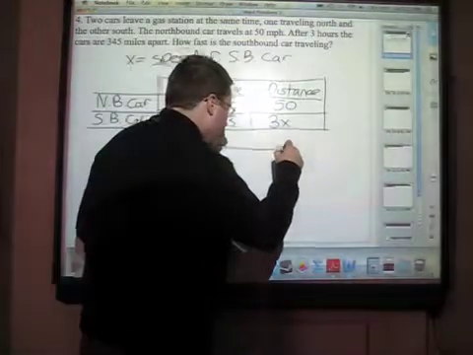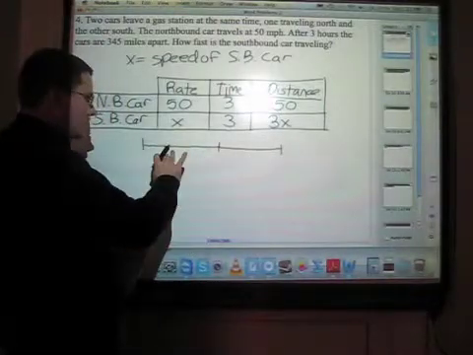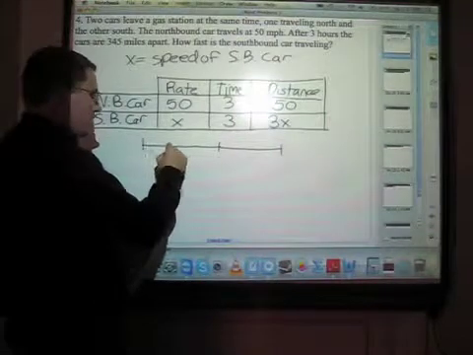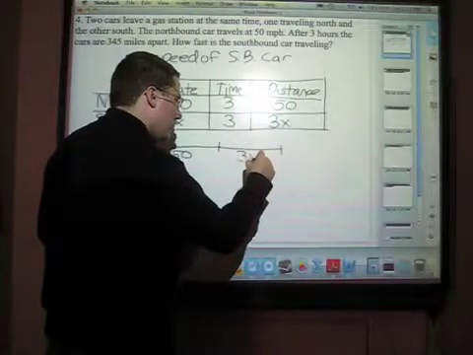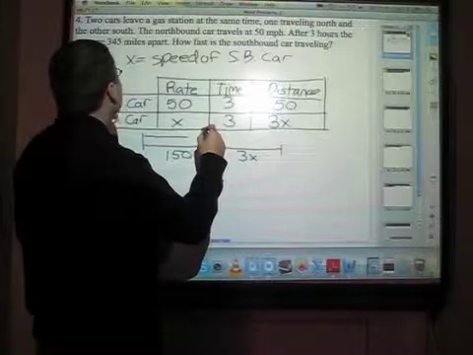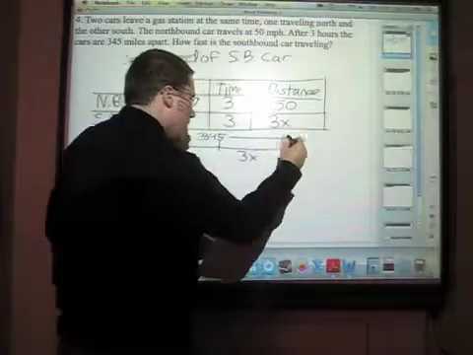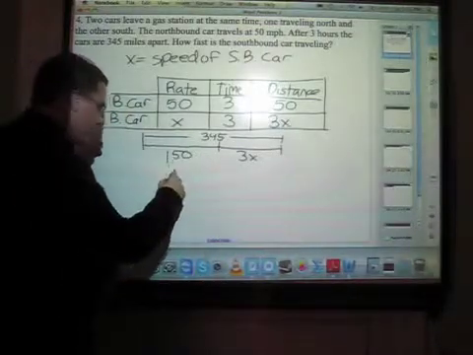So if they both start in the middle of this diagram, actually this is east-west, not south-north, but if this car travels 150 miles, and the second car travels 3x miles, and we want the whole distance to be 345, then it makes sense that 150 plus 3x equals 345.